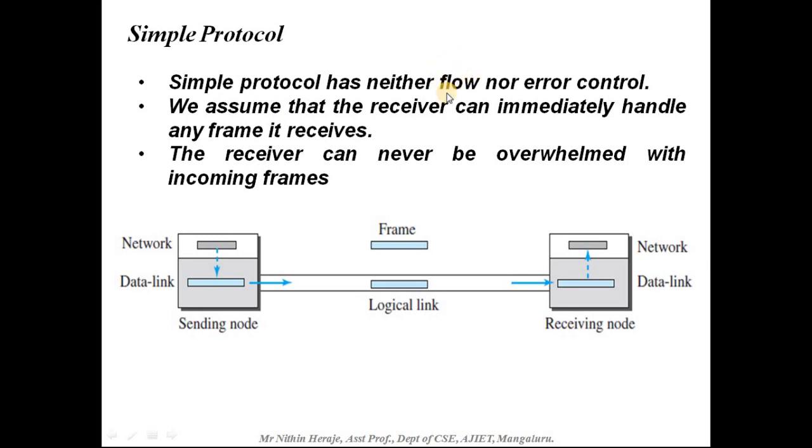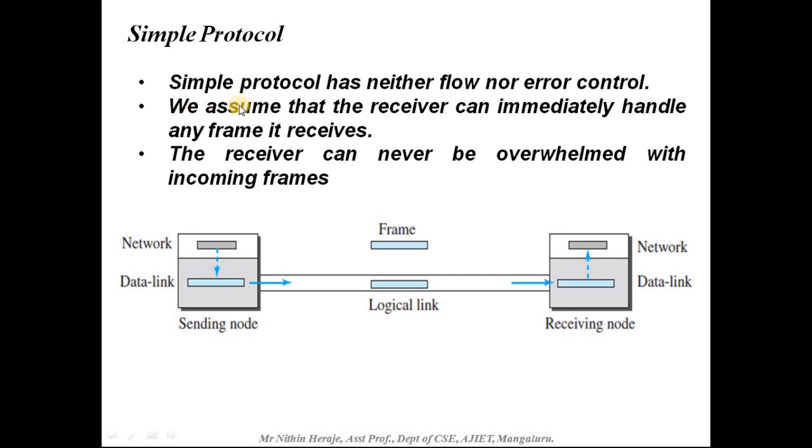It is not handling flow control, meaning you simply push frames from the sender end to the receiver end, irrespective of whether the receiver will receive them or not. Similarly, it is not bothered if a received frame is corrupted or lost in between. You keep on sending the frames from the sender side to the receiver side.